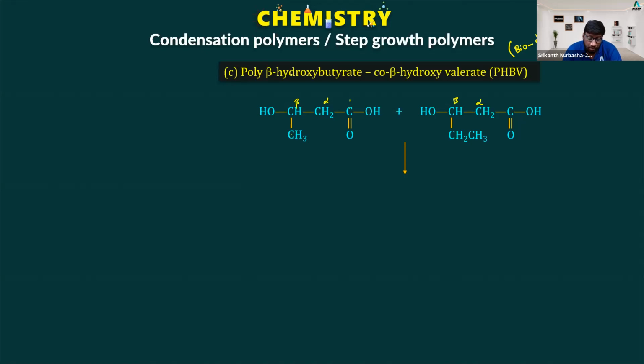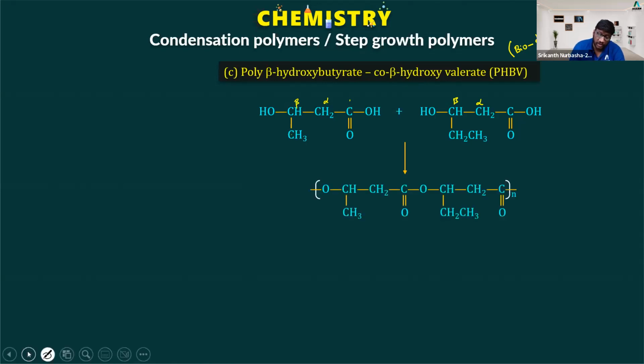So beta hydroxybutyric acid and beta hydroxyvaleric acid are going to react with each other to form the respective ester. How is the reaction going to happen? Same again, carboxylic acid and alcohol reaction, esterification. The OH bond is cleaved in the alcohol, the CO bond is cleaved in the acid.